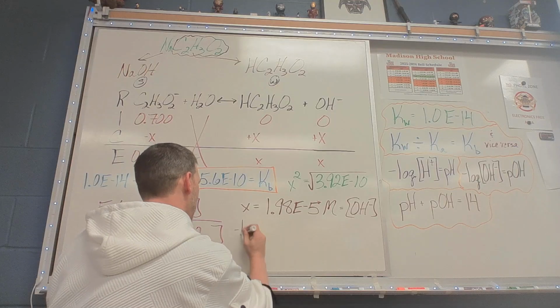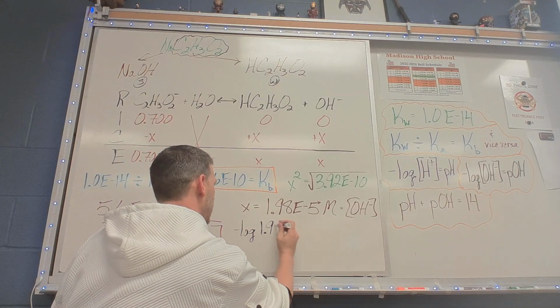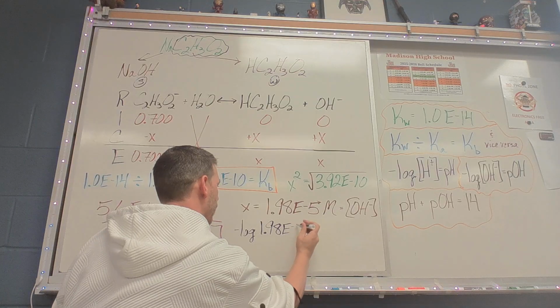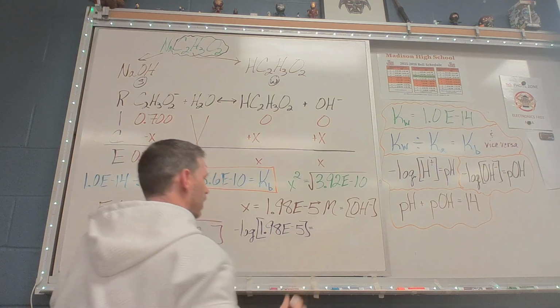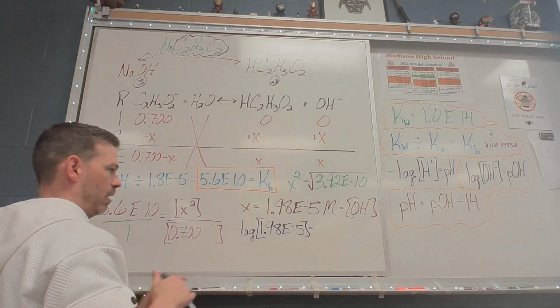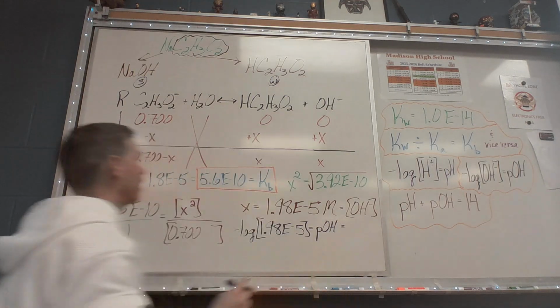So we can go negative log of 1.98 e negative 5. Which will give me a POH.